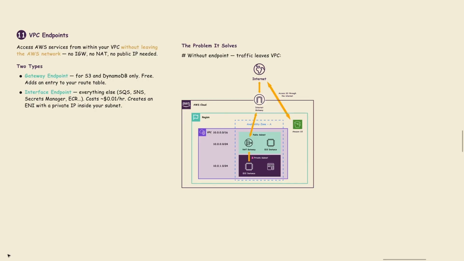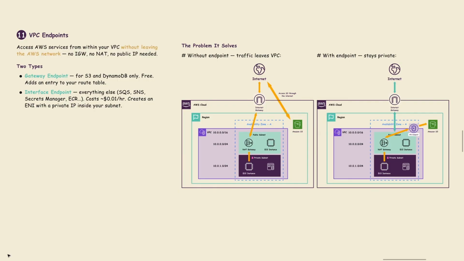Let's compare both scenarios shown. Without a VPC endpoint, an EC2 instance inside a private subnet wants to access Amazon S3. Since no endpoint exists, even though S3 belongs to AWS, traffic exits your private network path. This increases exposure and dependency on internet connectivity.